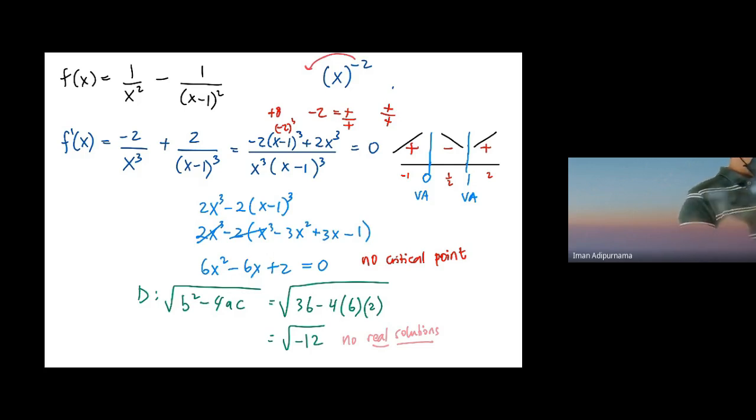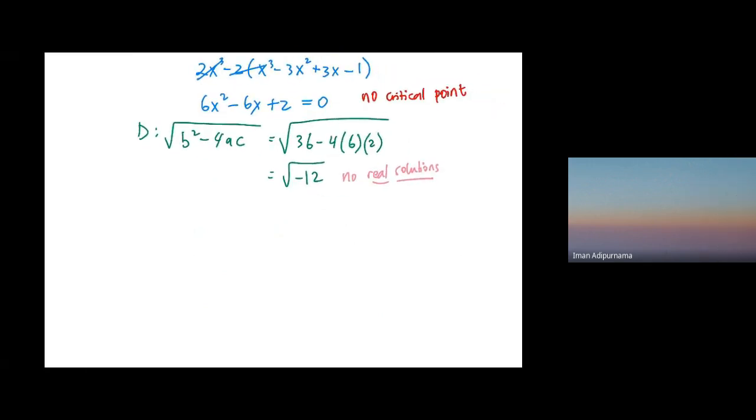All right, let's continue a little bit. Let me write f prime is -2 over x cubed plus 2 over (x minus 1) cubed. I will use this form to take the second derivative.